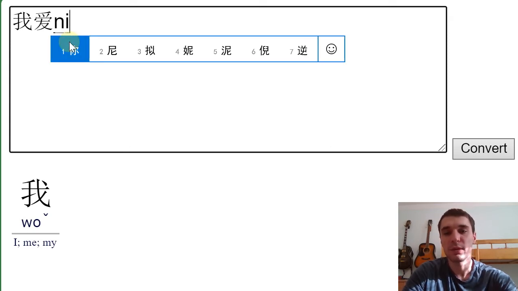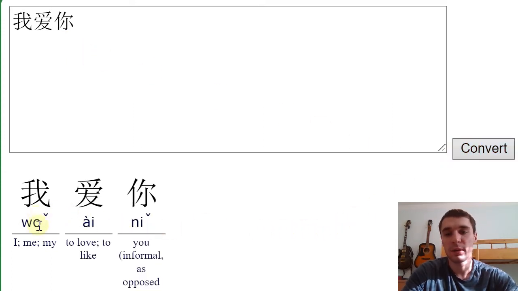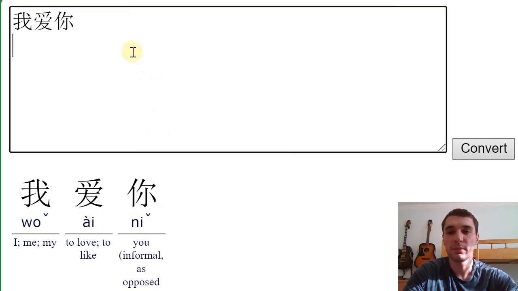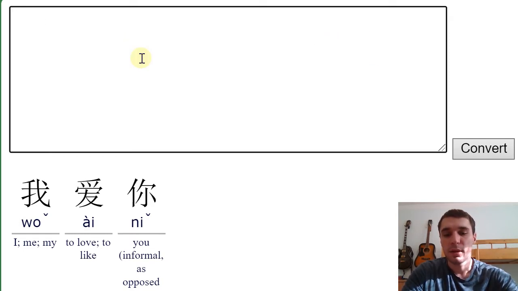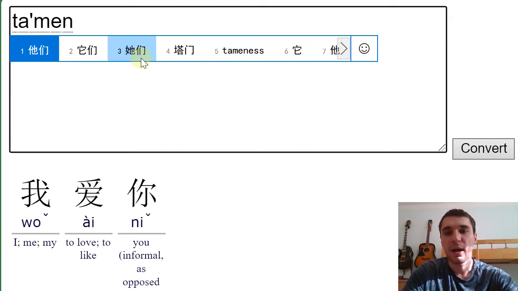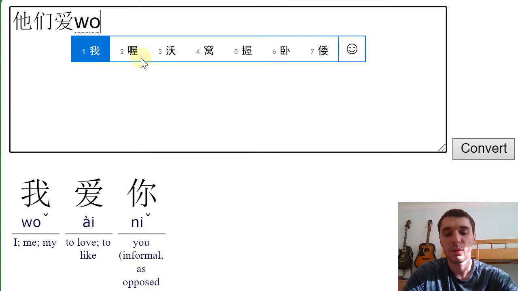How do I say you? 你. 我爱你. So here you can see 我爱你, I love you. That's all. How to say they love us? How to say they? 他们爱 us, 我们.